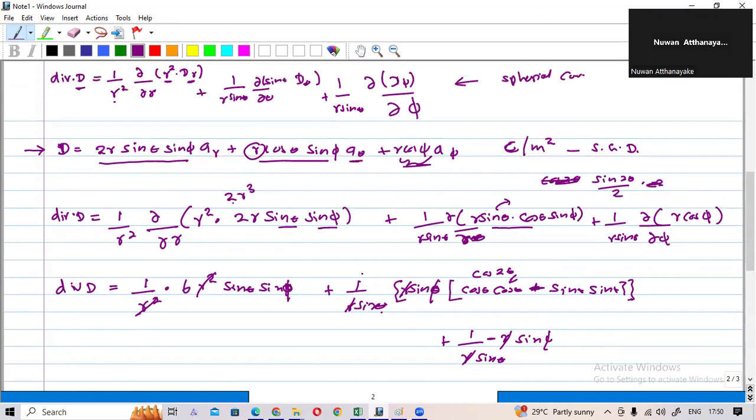For that, you need to know how to apply the spherical coordinate, cylindrical coordinate, and Cartesian or rectangular coordinate identities to evaluate the divergence. Okay.